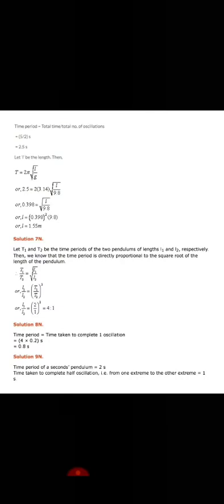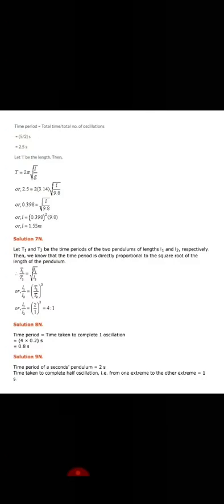You need to find length of such pendulum. I will use the formula 2 pi root of L by G. Pi is given in the question 3.14, G is given 9.8. So when you solve it, you get 1.55 meters. Again, please don't forget to remove the square root sign by squaring both the sides.